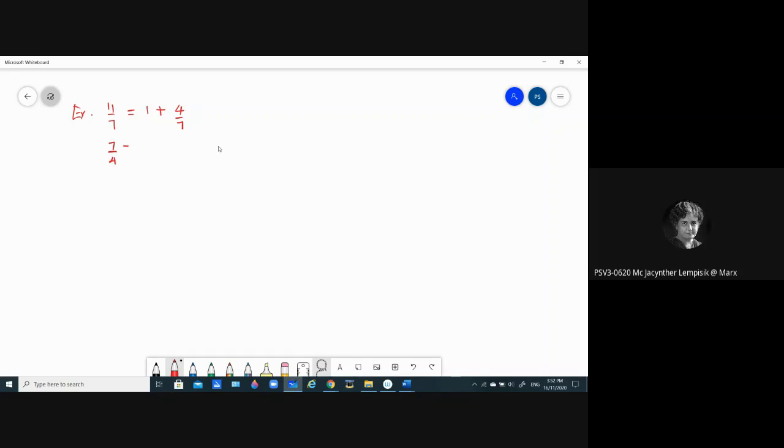Yes, 7 over 4 is equal to 1 plus 3 over 4. Okay, next line? 4 over 3. 4 over 3 is equal to 1 plus 1 over 3. Good. Next line? 3 over 1 is equal to 3 plus 0 over 1.